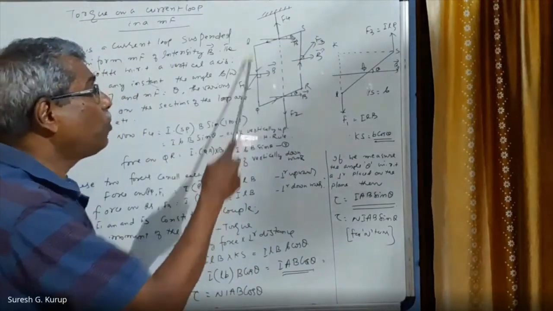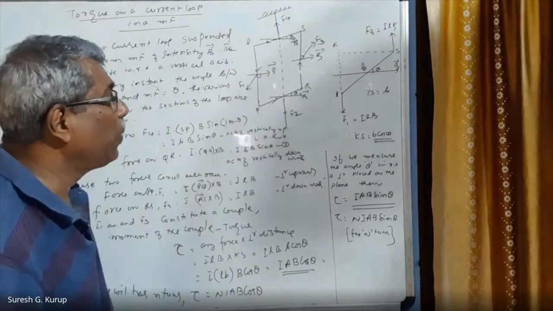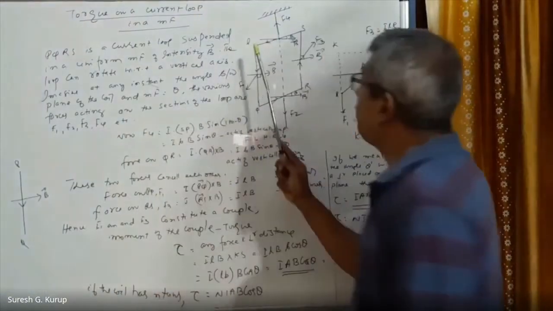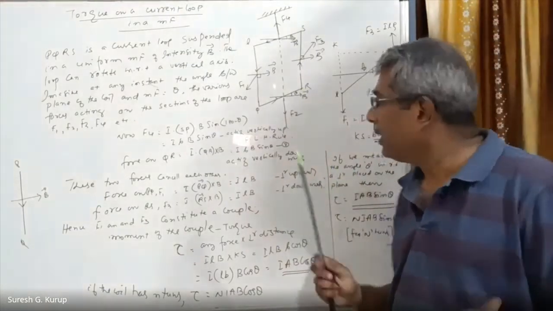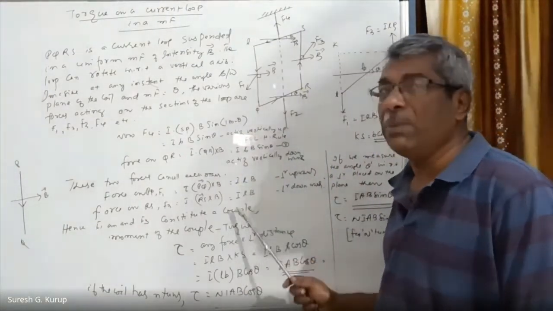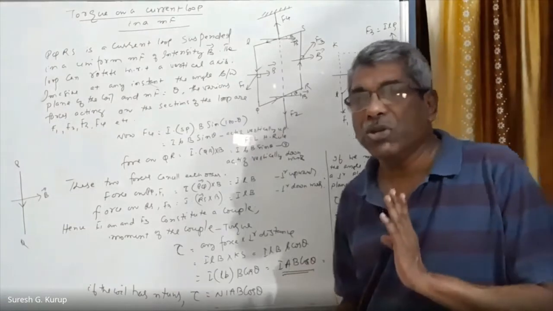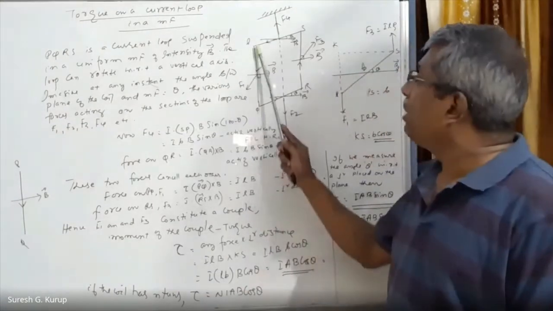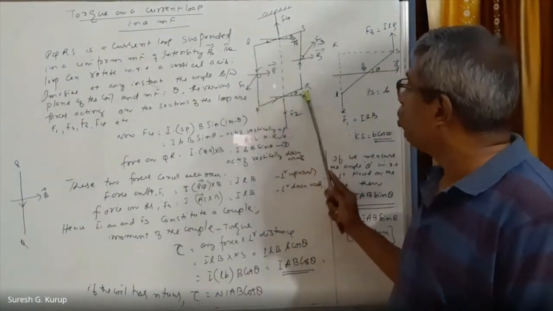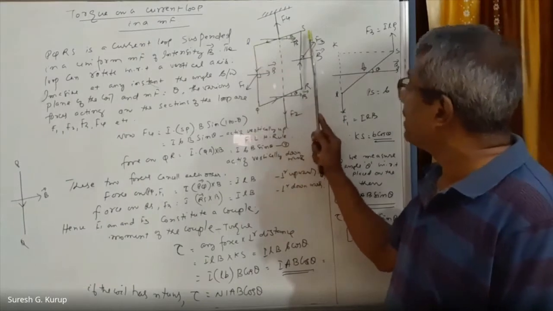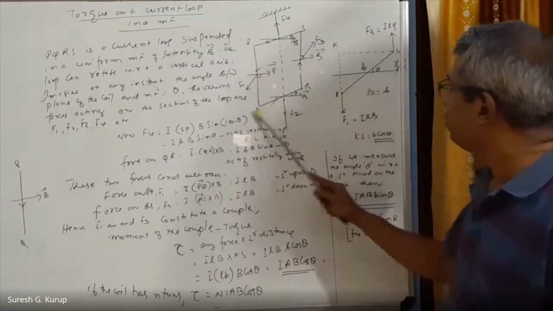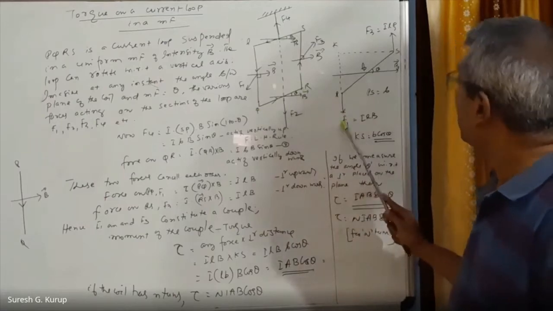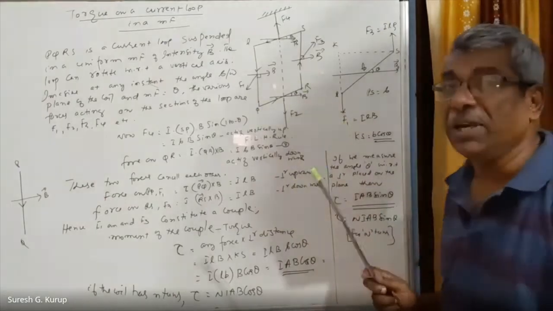So when you analyze every point on PQ and RS, the forces acting are equal in magnitude, that is ILB each, but act in opposite directions. At P and S and Q and R, the forces acting are F1 and F3.